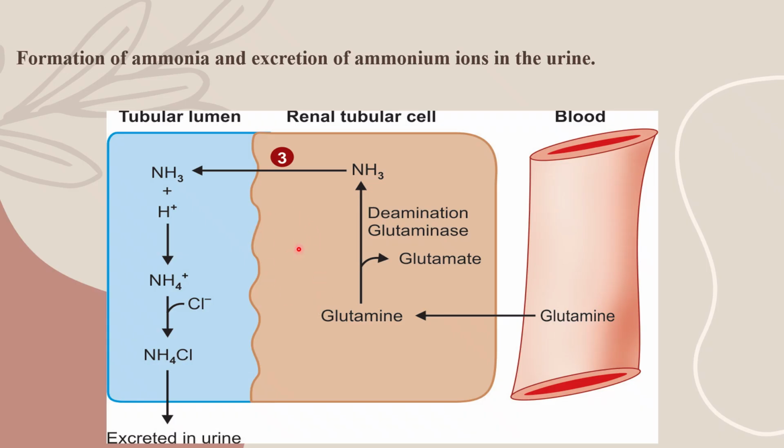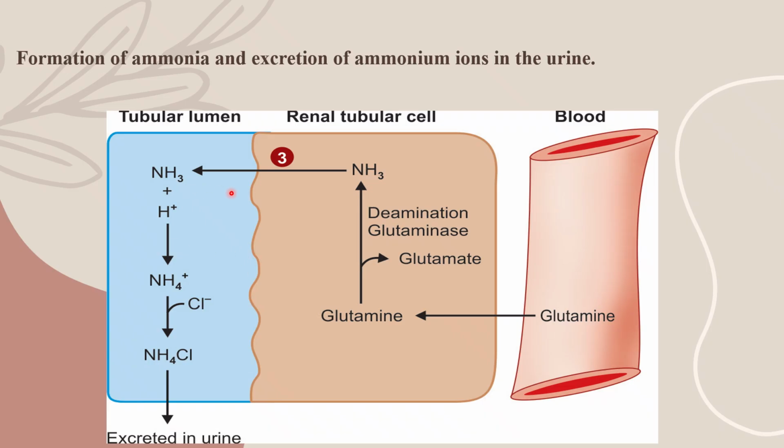You have seen it in the previous slide. This H plus ion combined with ammonia forms ammonium ion, and along with the counter chloride ion, in the form of ammonium chloride, it is excreted in the urine. So maintenance of pH, ion balance, and acid balance are interrelated with each other.